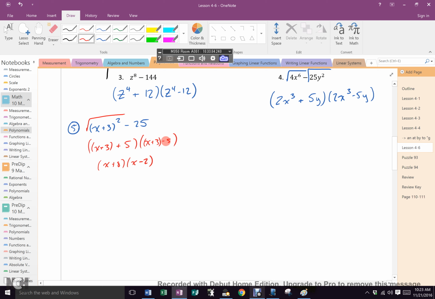Please notice that we have to remember our grade 9 rules to do it, right? Could I do the substitute thing here that I did on the board? Could I rewrite this as a squared minus 25, which would be a plus 5, a minus 5, right? But I want a to be that. Is that cool for everyone? Antonio? Well, this had to be the square root of x plus 3, right?